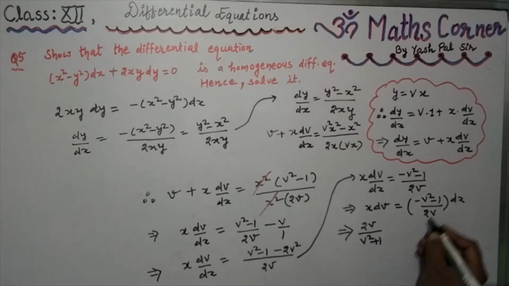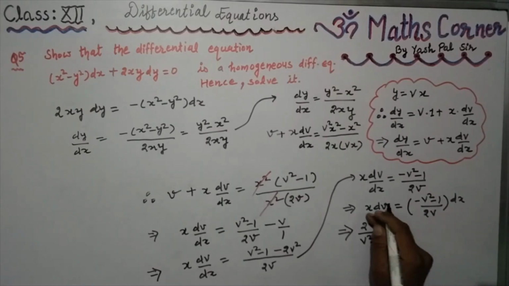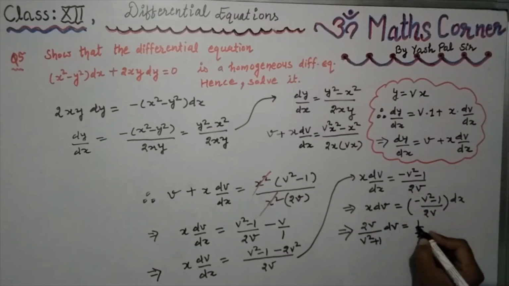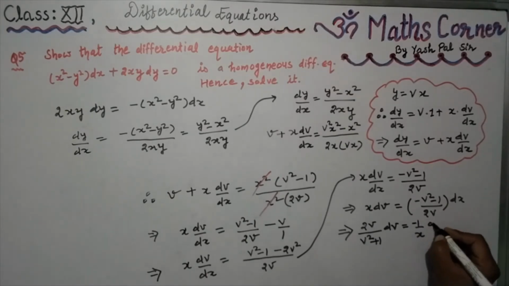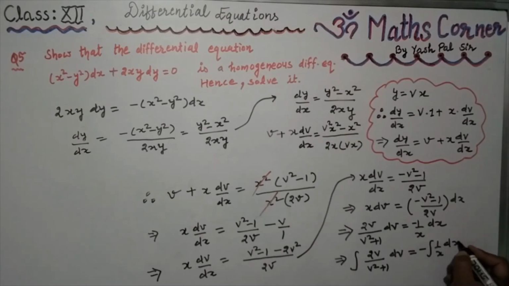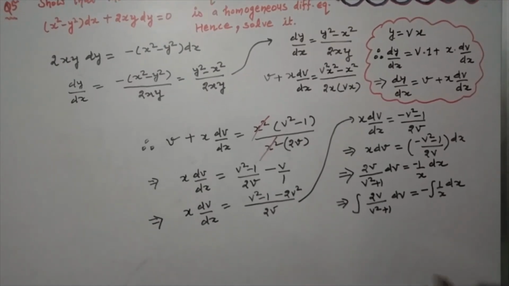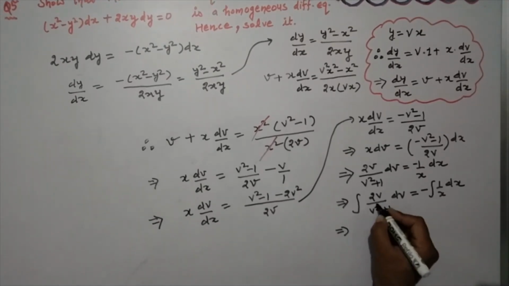We write this as 2v/(v² + 1) dv, keeping the minus only here, and x goes there, (1/x) dx. Now taking integration on both sides: the integral of 2v/(v² + 1) dv equals minus the integral of (1/x) dx.